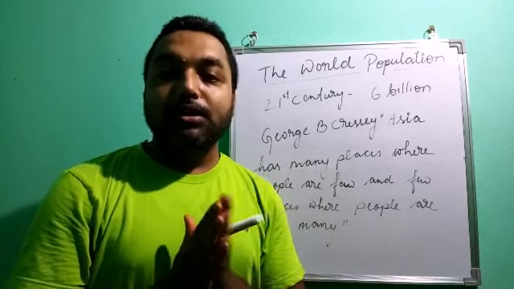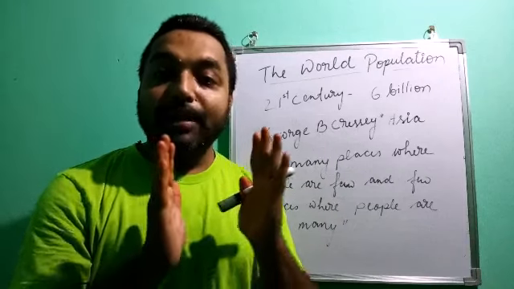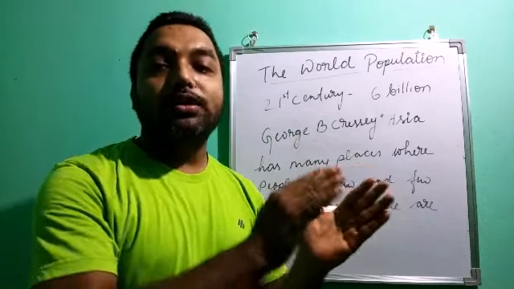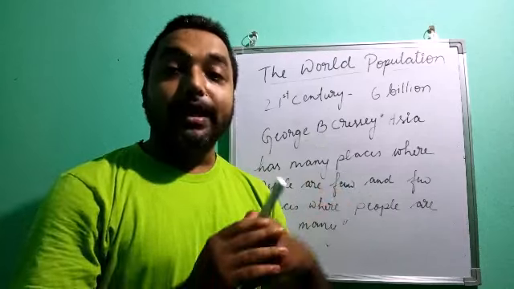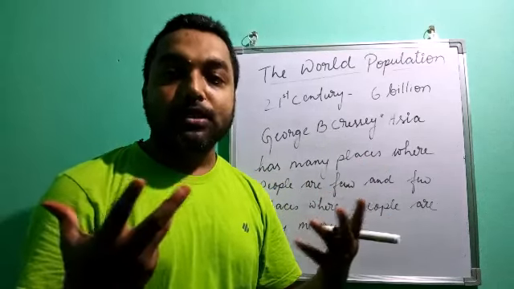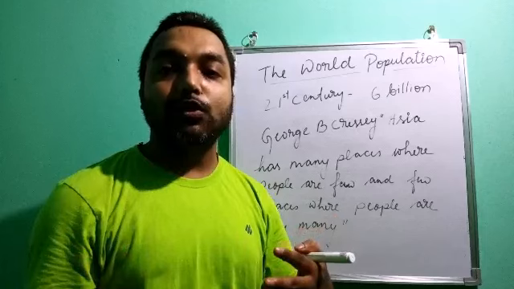This total population is not in a particular place. It is distributed in different parts of the world in different patterns. Somewhere it is very high, somewhere it is very low.